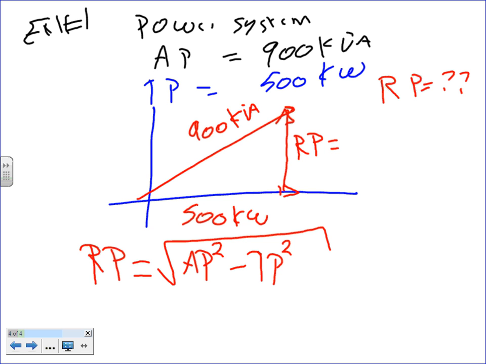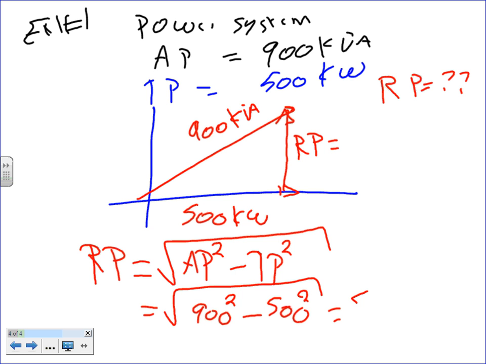We're using the Pythagorean theorem. 900 squared minus 500 squared, piece of cake. Take the square root of it. I came up with 748.